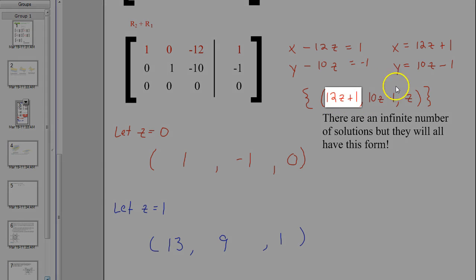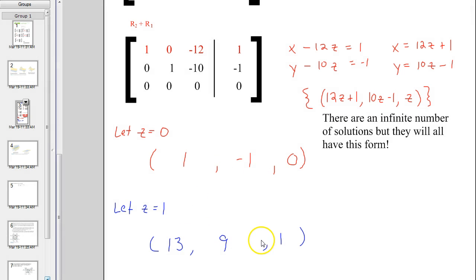To get x, we do this to z. To get y, we do this to that z. And that will be what the solutions look like. So anything of this form, where we pick z, we let z be anything, we can come up with as many solutions as we want. The infinite number comes from the fact that z can be an infinite number of things. And then we can do this to z to get x and y. And there's our ordered triples.